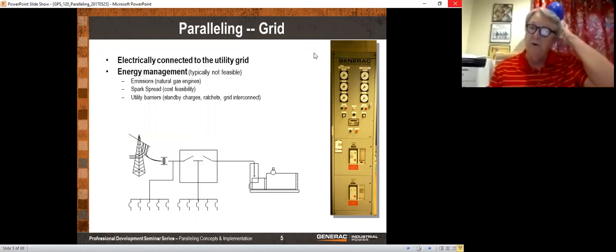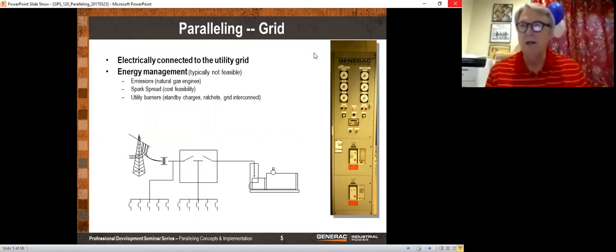Typically, if you're using a standby generator like a diesel generator, the cost of generating power for you is going to be higher than what the utility can buy that power for through big power stations and dams and such. And so it doesn't tend to make sense for us to try to use a standby generator to feed into the grid.